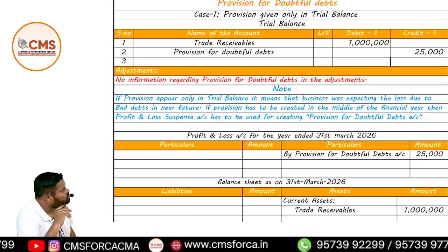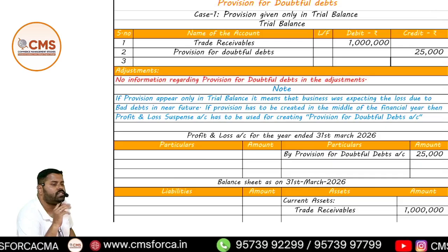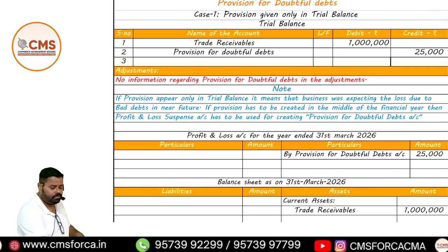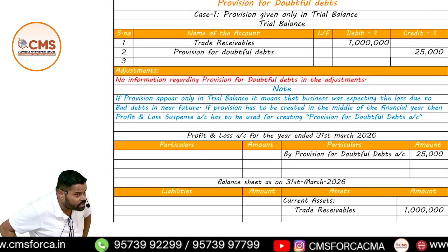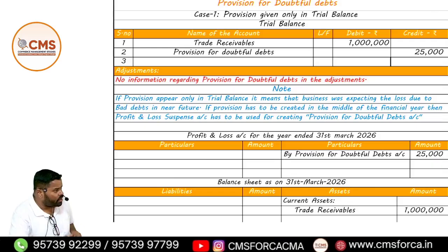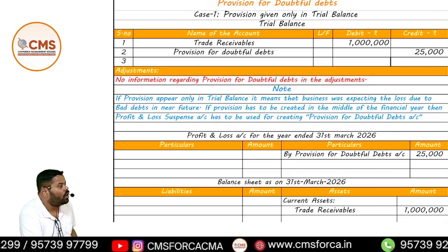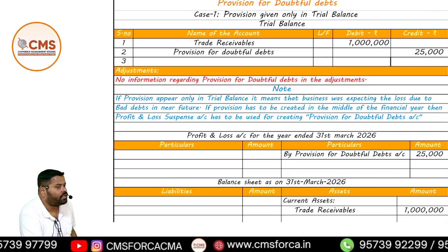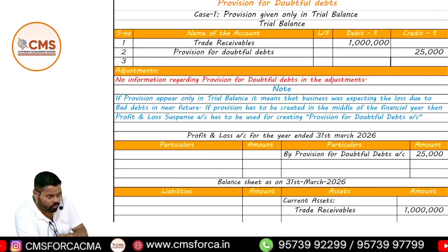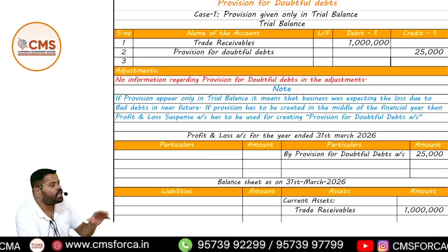This particular concept, the idea behind provision for doubtful debts, is derived from a convention called conservatism. What is conservatism? I think already we have seen conservatism somewhere. In this PDF, we have already discussed conservatism somewhere in an adjustment.